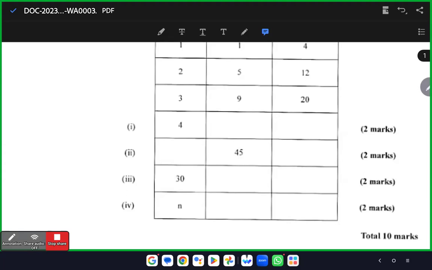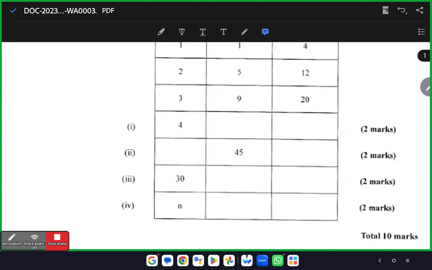And as you can see, the nth term is in part 4, right? What does it mean to come up with the nth term? In the nth term, we create a general formula that you can use to answer all the questions above, even those that you would have been given already.